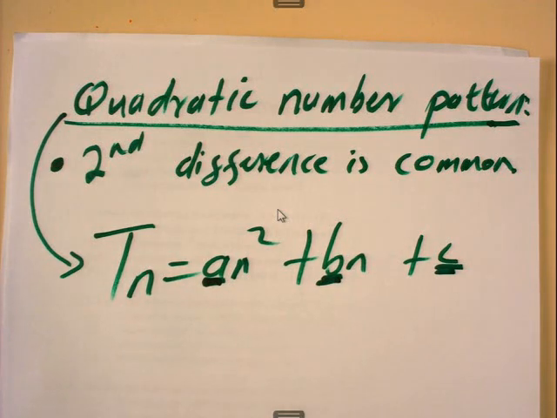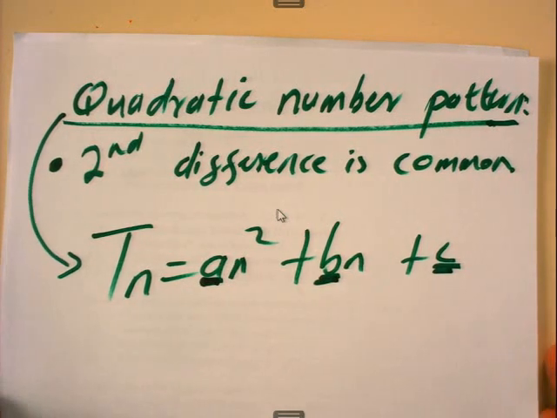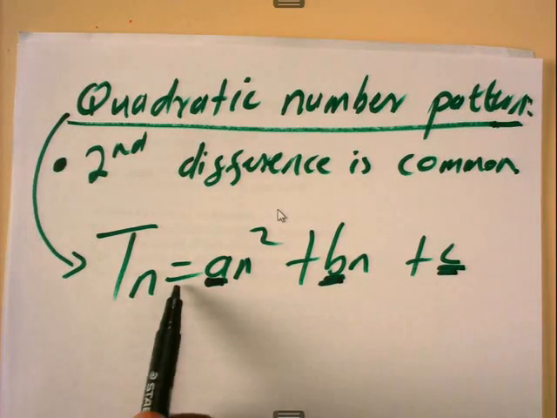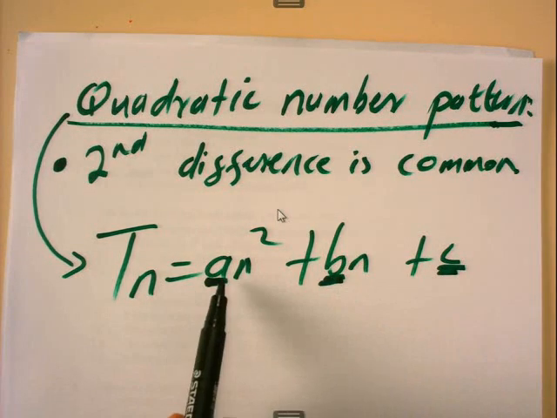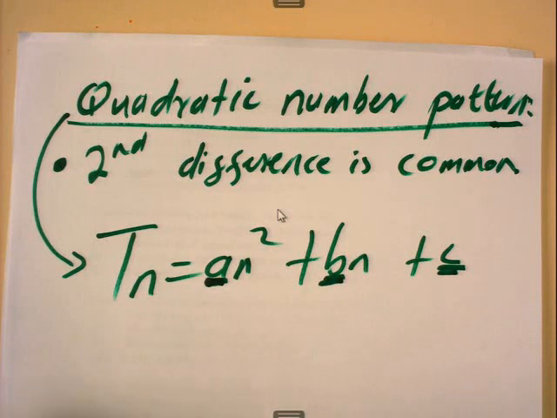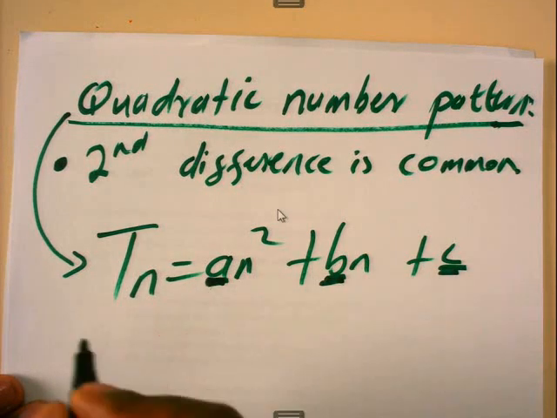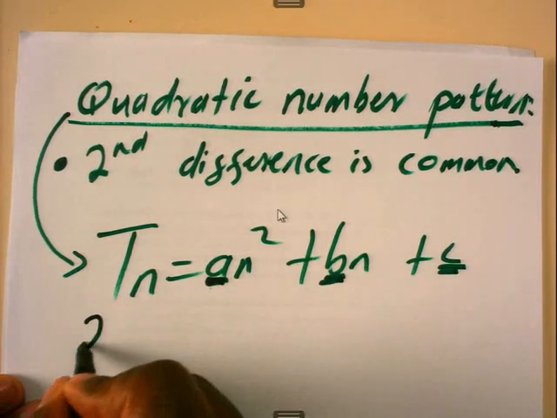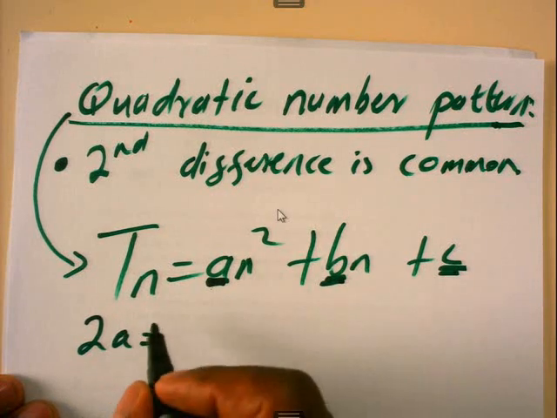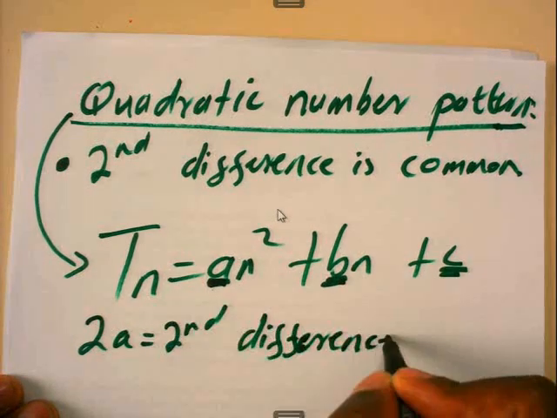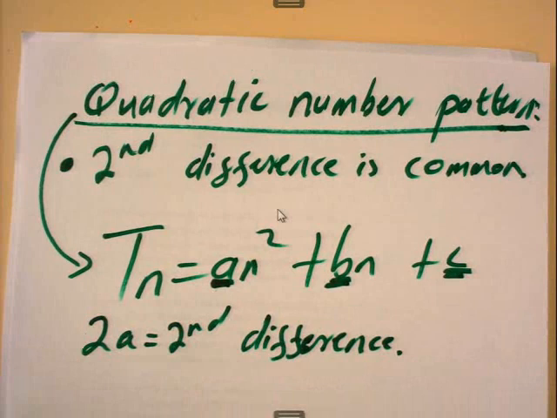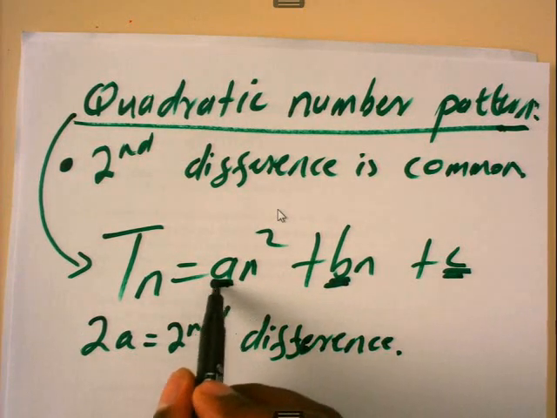Because you are busy preparing for the examination, the question is, if we are given a sequence like this one, how do we determine the value of a? Remember, we always say to determine the value of a, 2a is equal to the second difference. That is how we determine the value of a.